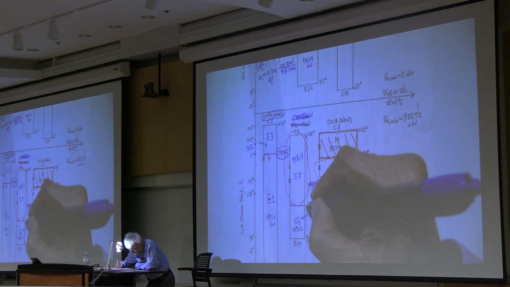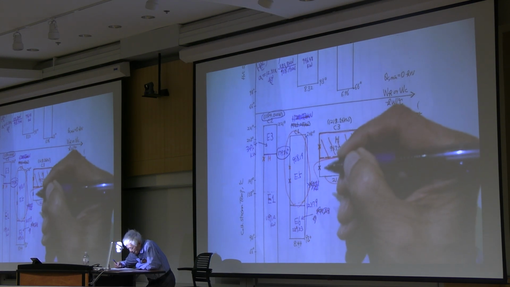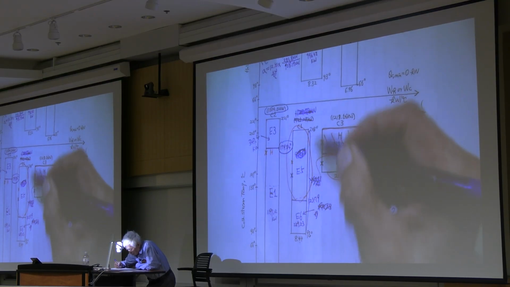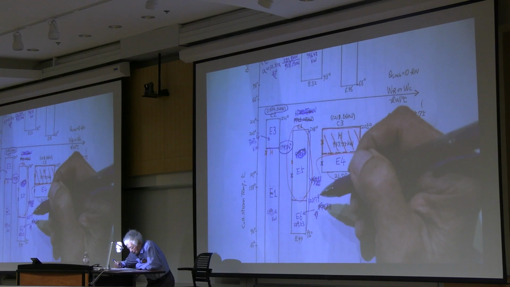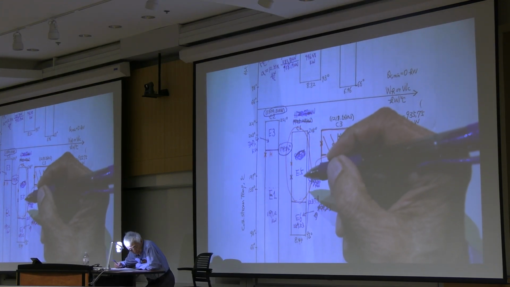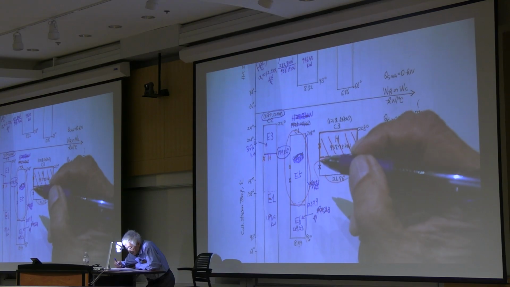Then let me see. This temperature is 123.79. Okay? What should be E5? 205, 123.79, 8.44. What should be E5? I think I had it correct. 685.4.